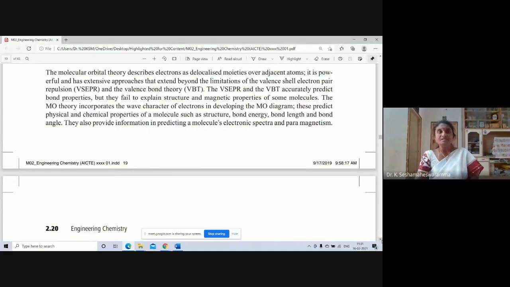These predict physical as well as chemical properties of molecules such as structure, bond energy, bond length, bond angle, etc. They also provide information predicting molecules' electronic spectra and paramagnetism. But in valence bond theory and VSEPR theory, we may not explain this.